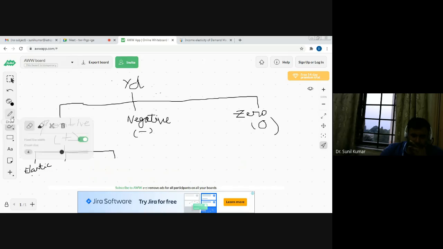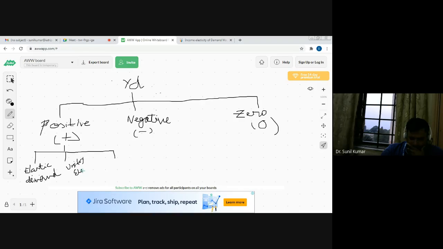Second one is unitary elasticity of demand, not elastic.